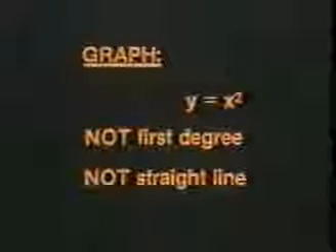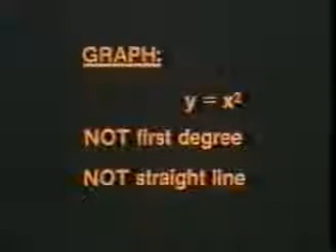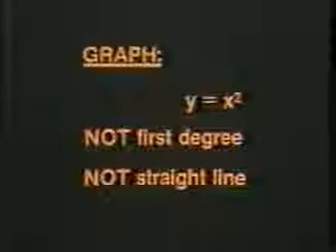New question. Same old answer. Choose some values, substitute, plot some points. We pick a set of values for x, find the value of y for each value of x, and plot the points. 0, 0; 1, 1; negative 1, 1; 2, 4; and 3, 9.